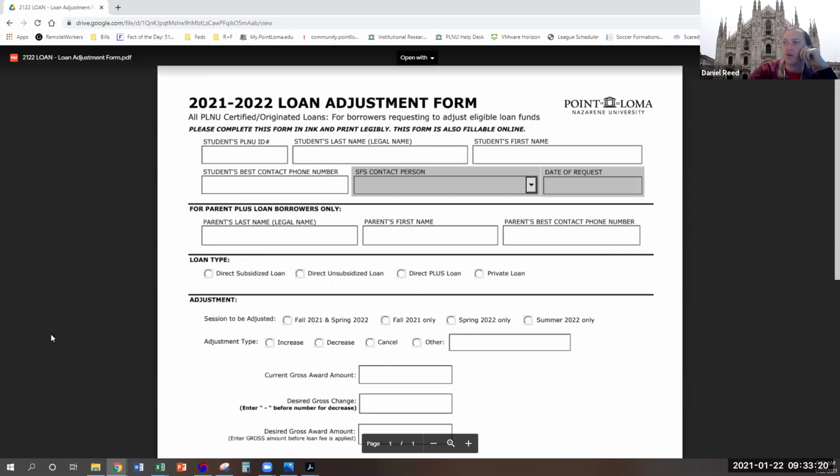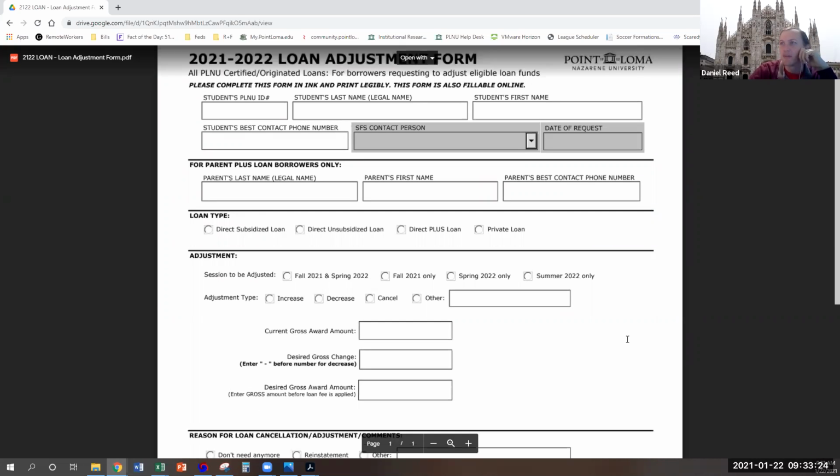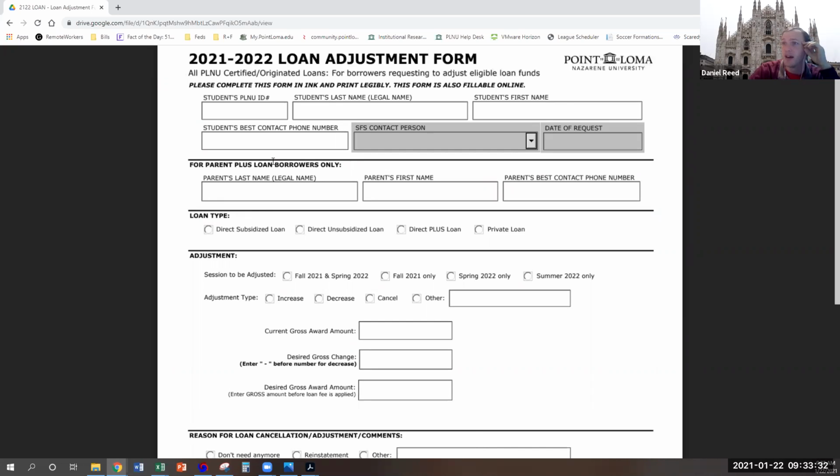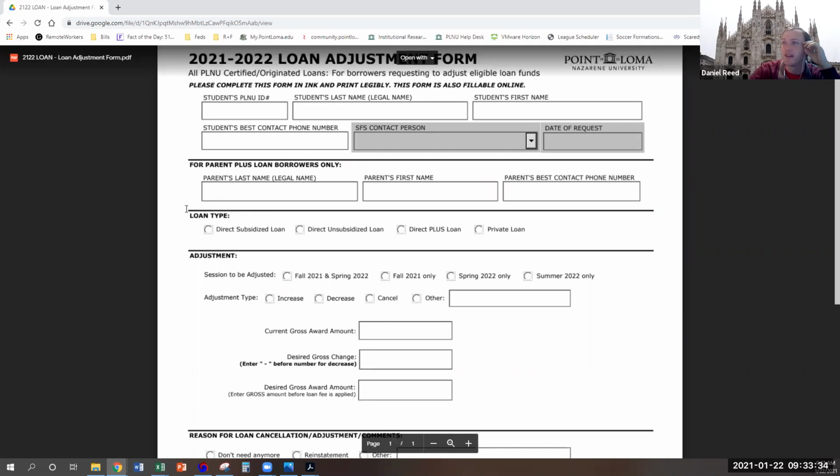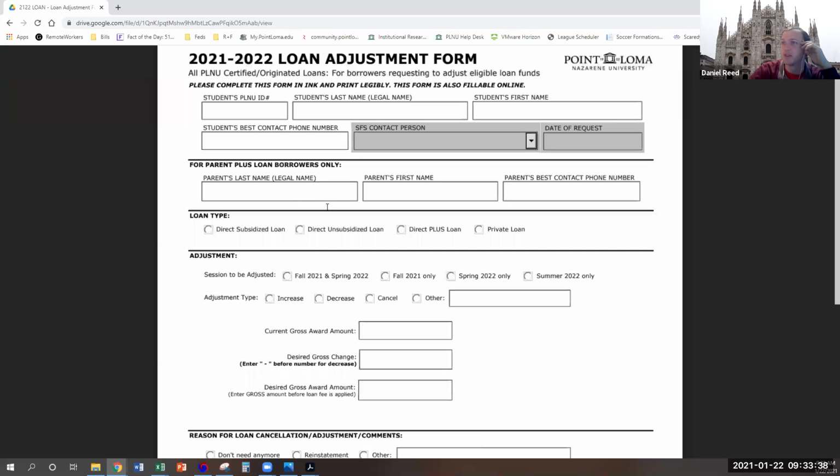So our loan adjustment form didn't have any changes for the 21-22 year. It has the same type of idea, checking to see if this is a change on a subsidized loan, unsubsidized, Direct PLUS, or private loan.